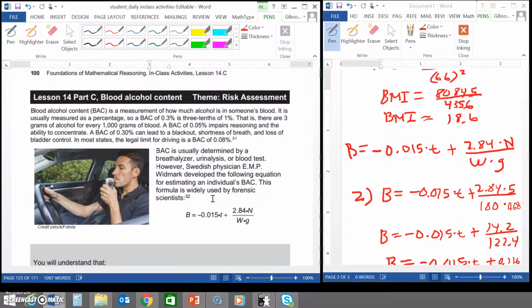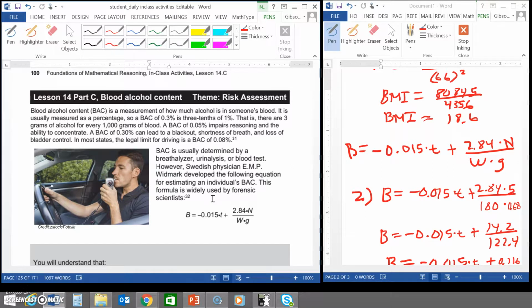A BAC of 0.05% impairs reasoning and the ability to concentrate. A BAC of 0.30% can lead to a blackout, shortness of breath, and loss of bladder control. In most states, the legal limit for driving is a BAC of 0.08%. BAC is usually determined by a breathalyzer, urinalysis, or blood test.